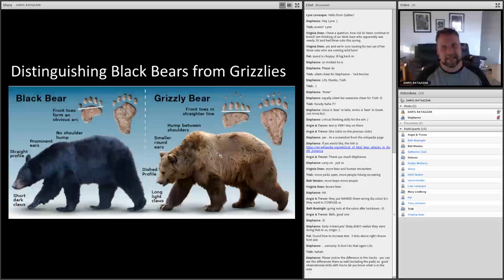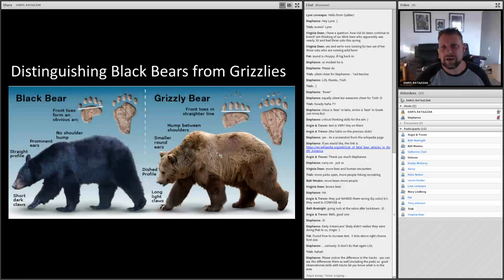The next one is the ears, and of all these characteristics, I like this one the least because it's so hard to describe the difference. They'll say prominent ears on a black bear, small round ears on a grizzly. I think the way that I can describe it to you is if you were to grab the bear's ear, and I don't recommend doing that, the black bear is going to have a really thin ear, and that's why in profile oftentimes they're kind of narrow and pointed.